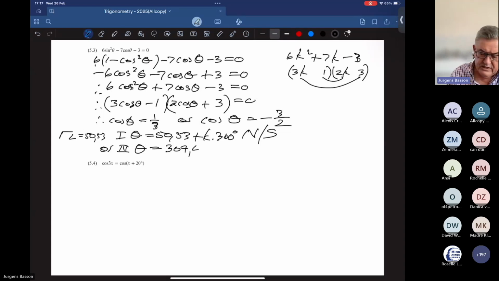Maybe you can just check, please, with me if I've got this answer correct in the fourth. I think I have it. I say it's in the first quadrant or in the... This is cos, yeah, so it is the fourth quadrant.